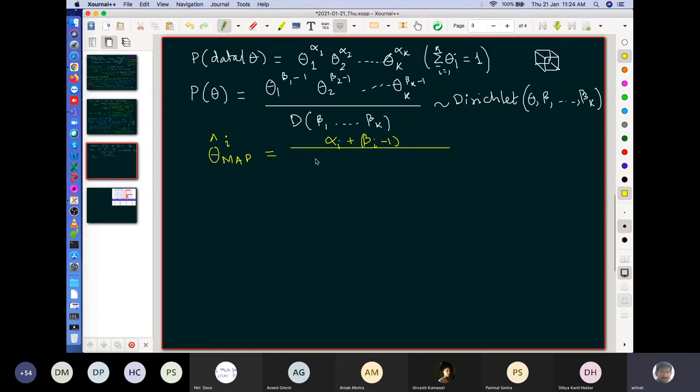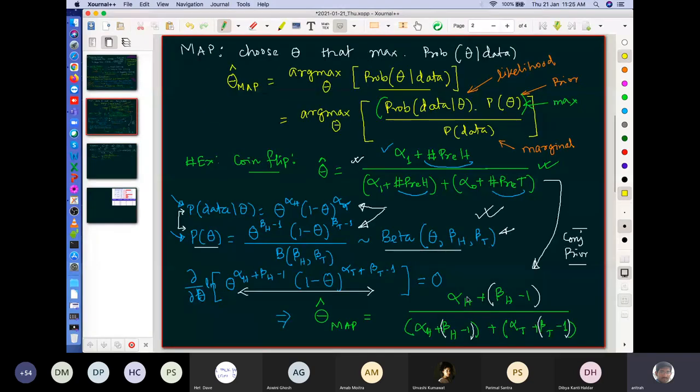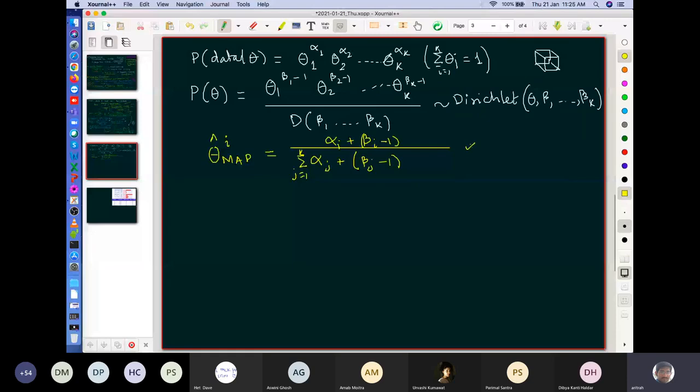That probability will be this way, and this will be for all, let's say j equal to 1 to k, you have alpha j plus beta j minus 1. Just like the two flipping case, we just declare it this way, this plus this. If it is a multi-valued attribute, then the estimation will come this way.